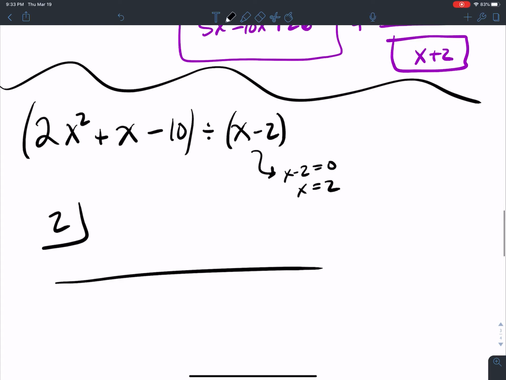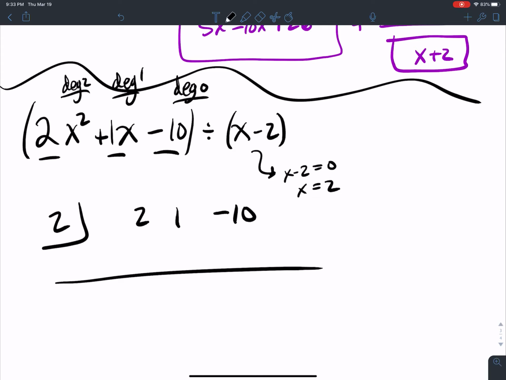What are my coefficients? 2, 1, negative 10. We didn't have to skip any because I didn't have an x cubed jumping over an x squared or anything like that. All my terms were there. I had a degree 2, degree 1, and a degree 0 term. So we didn't skip any degrees as we went through there.